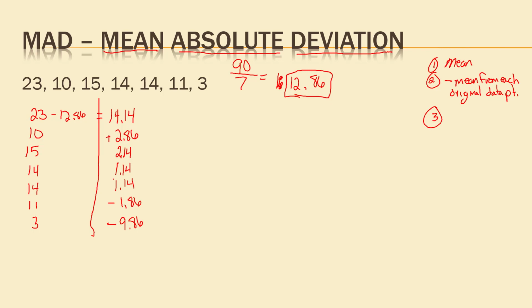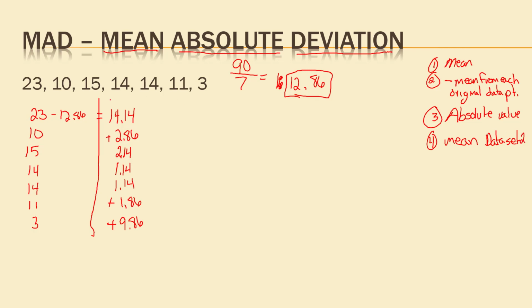That means anything that's negative becomes positive. Now, at this point, we calculate the mean again. But now we're using data set 2.